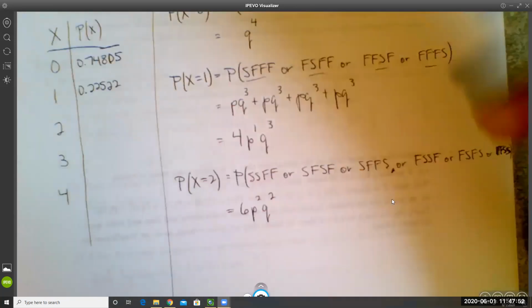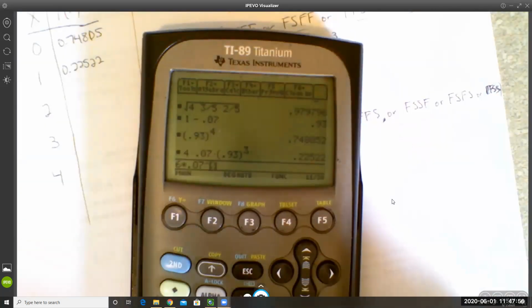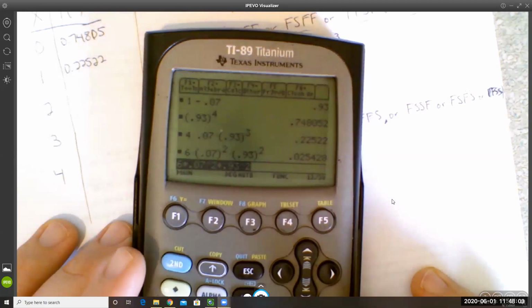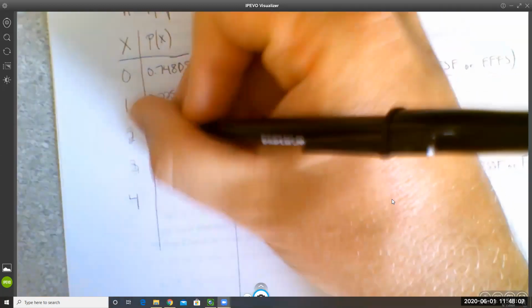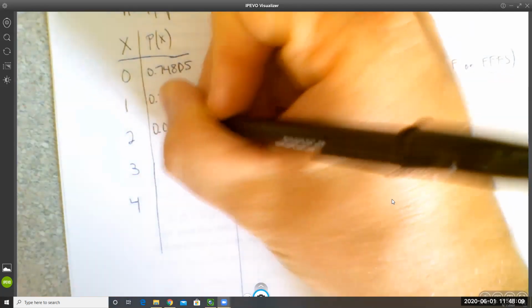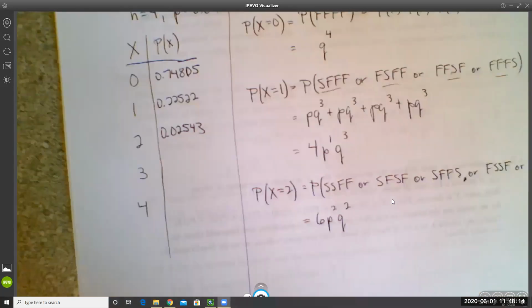If you're interested in what the number is, 6 times p squared times q squared is 0.0254, 543 if we're rounding to 5 decimal places.